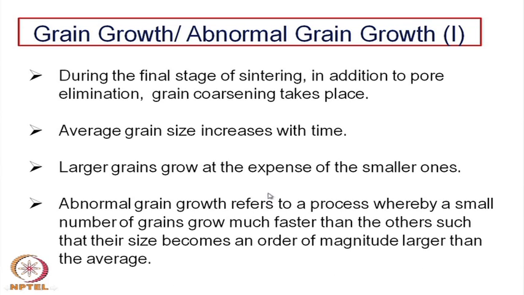So, few grains, not all grains, grow much faster than the other ones, and as a result their sizes become an order of magnitude larger than the average grain size. That is what we call abnormal grain growth.